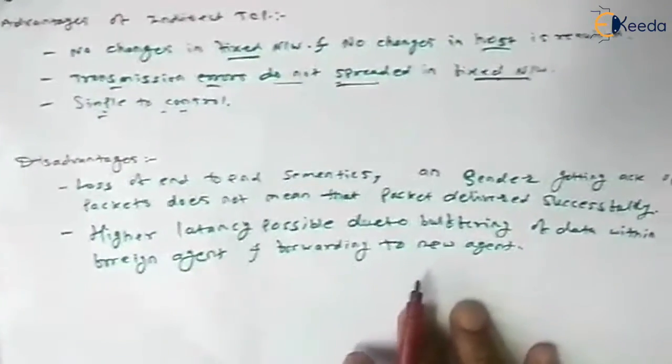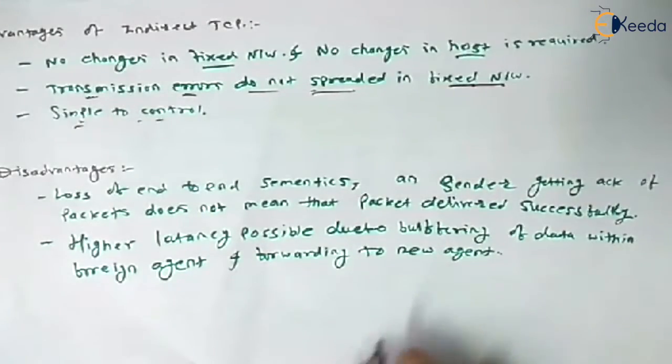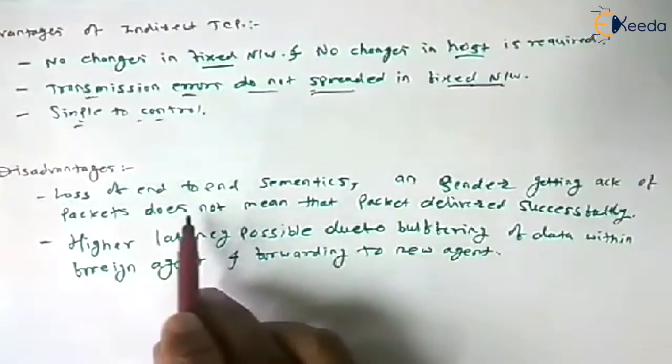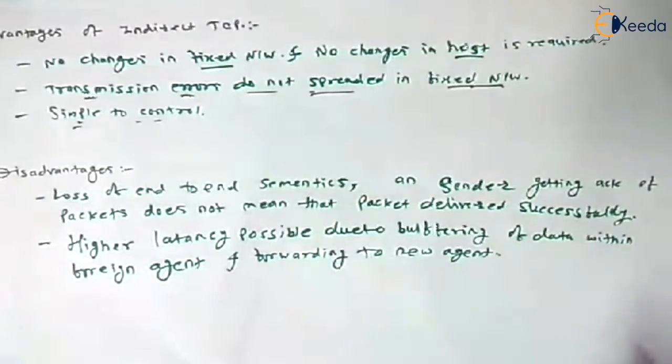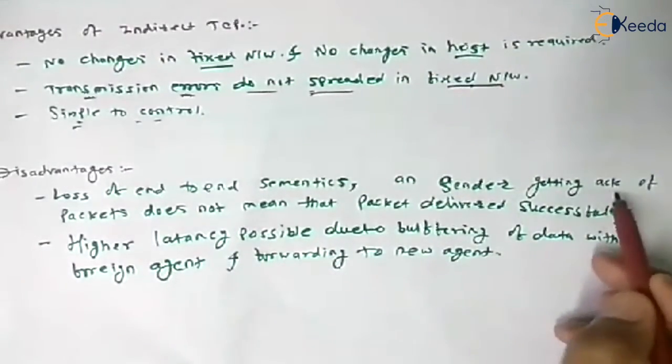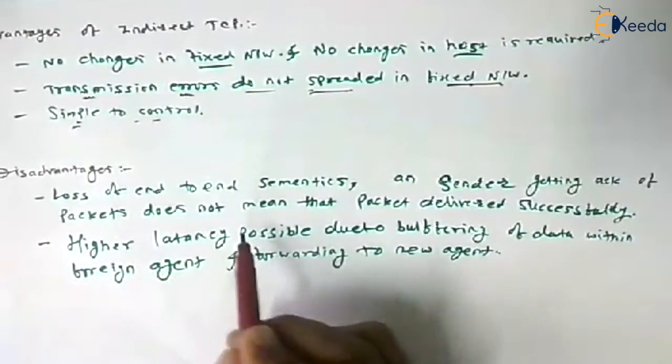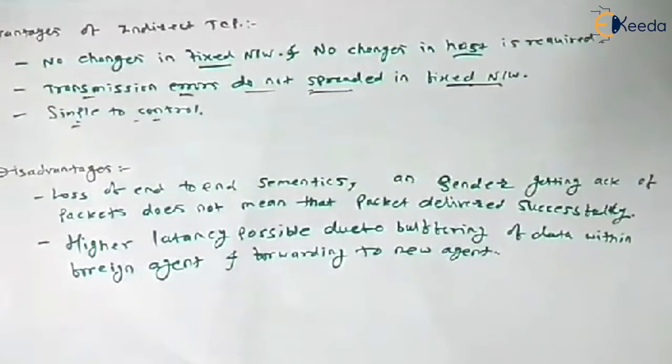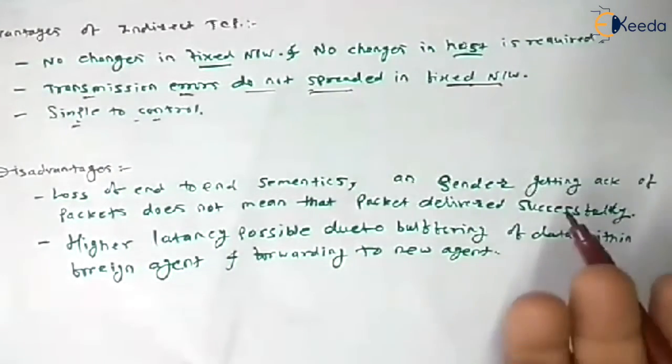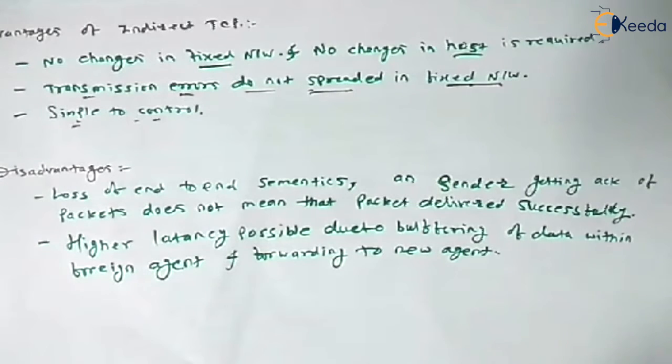Some disadvantages are also there in indirect TCP, like loss of the end-to-end semantics. On the sender side, getting an acknowledgement of the packet does not mean that the packet was delivered successfully. If the sender is sending packets to the receiver, and the foreign agent provides the acknowledgement to the sender, the sender has no assurance that the packet was delivered to the receiver, because there is a foreign agent in between.